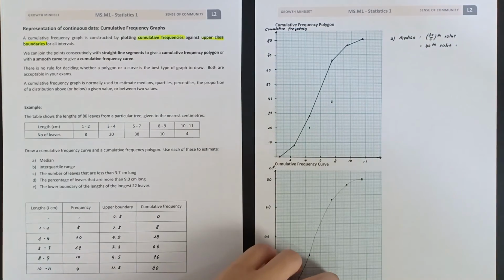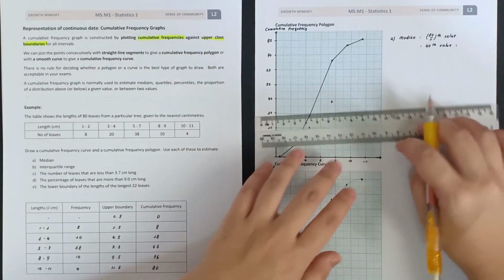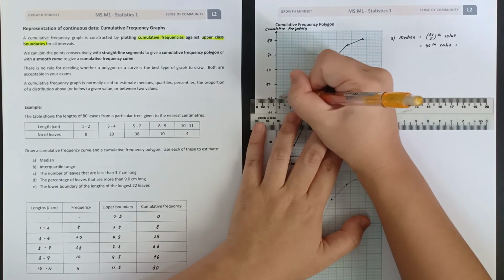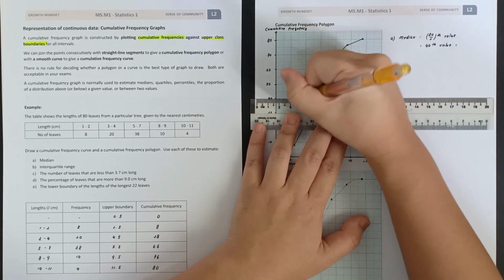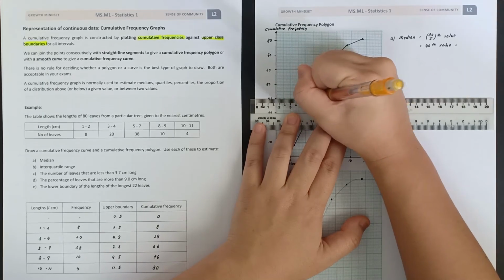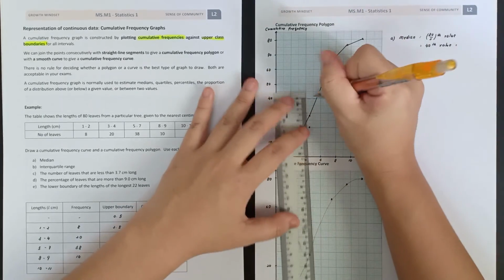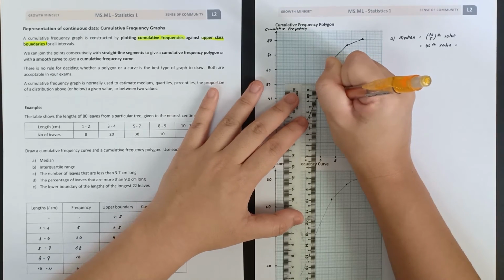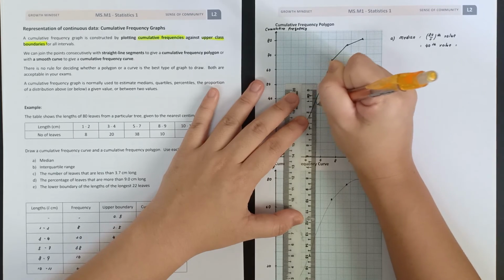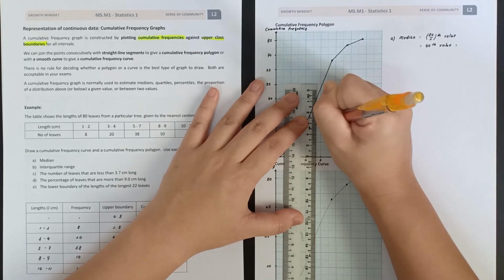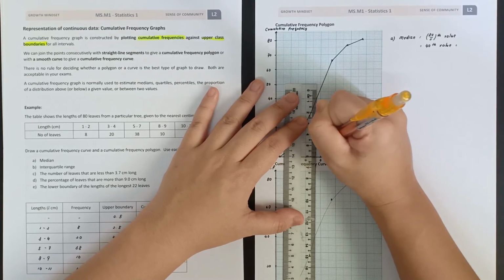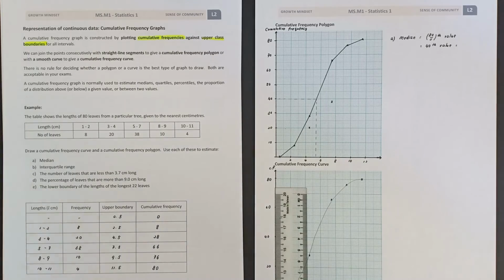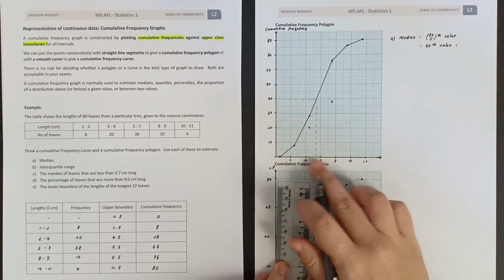So how do you check that? Then you use your pencil, at the 40 there, then you draw a dotted line. Okay, reach the graph, then after that you drop it down to your x-axis. I'm sorry because I cannot move my paper nearer to me, so I might be doing it a little bit off. Okay, but I'm getting the answer 4.5.